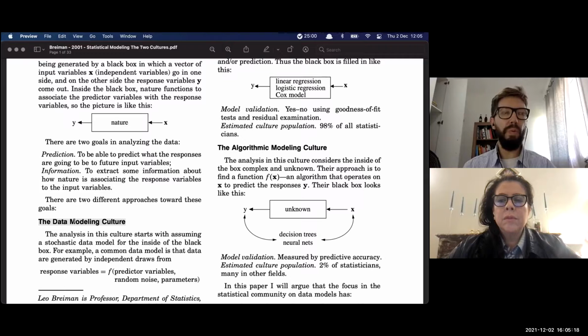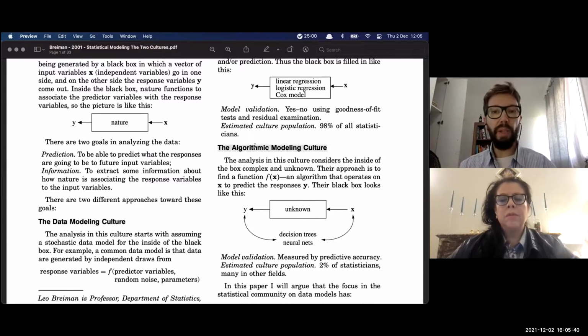You can go with more sophisticated tools than only, for example, cross-validation. You can do something more interesting. And for the problems you cannot solve with the data modeling culture, I usually go for the algorithmic modeling culture.